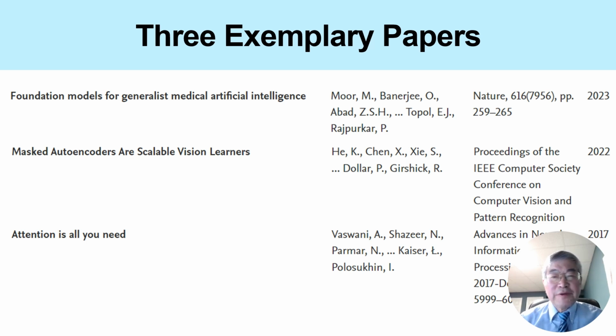This is a very good paper, showing how you block something and let a data-driven algorithm figure out what you blocked, kind of predicting the next token. This is a very effective paradigm to learn representation. And the third one, probably the most famous, Attention is all you need. These three papers, so F equals MA, are very helpful for understanding the secret behind the power of large AI models.